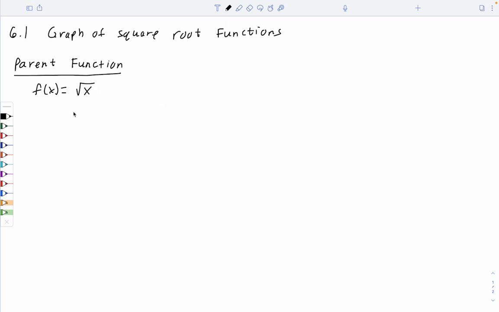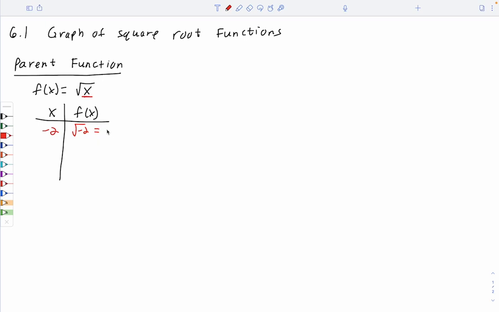Now, in order to see what this graph looks like, let's make a table, and then we'll use that to get a basic sketch of what a square root function looks like graphically. Now, you'll notice if I take an x value of, say, -2 and plug -2 in for x here, I get the square root of -2.